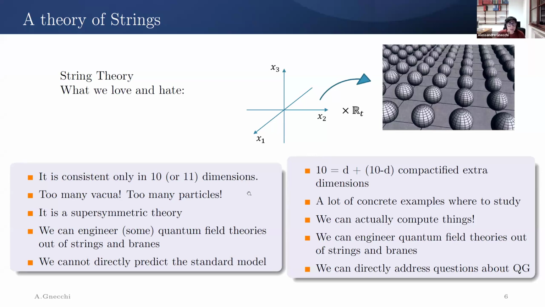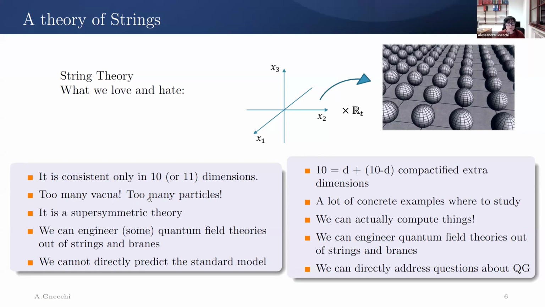Moreover, I told you at the beginning that the great success of quantum field theory is being able to give predictions on processes that we can test at colliders. Actually, string theory gives us one example of a UV-complete theory of gravity, but it gives too many examples of possible low-energy theories that can be constructed from string theory.